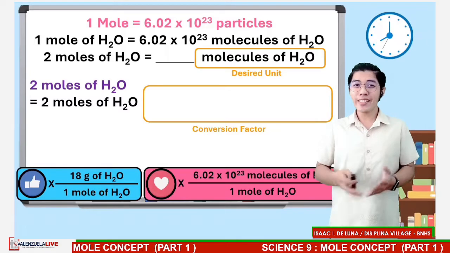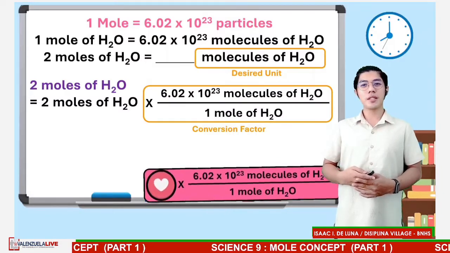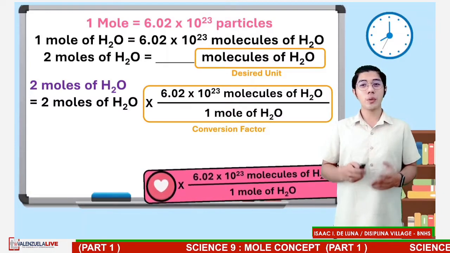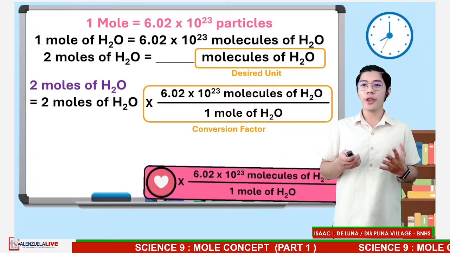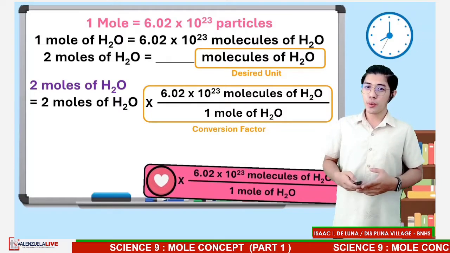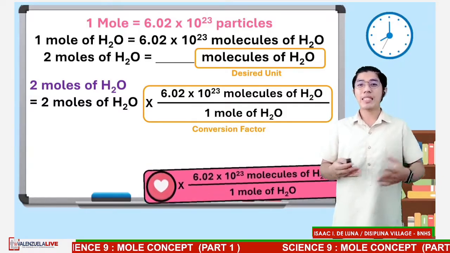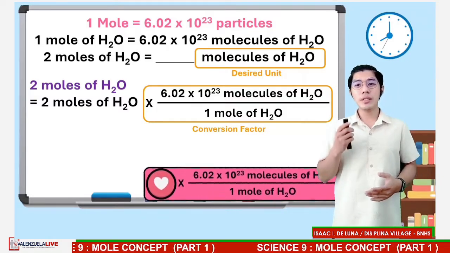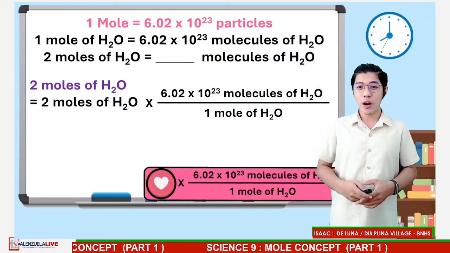Excellent! Your answer is correct. We must use 6.02 times 10 raised to the 23rd power molecules of H2O over 1 mole of H2O as the conversion factor. By performing the calculation, the unit moles of H2O will be cancelled out.